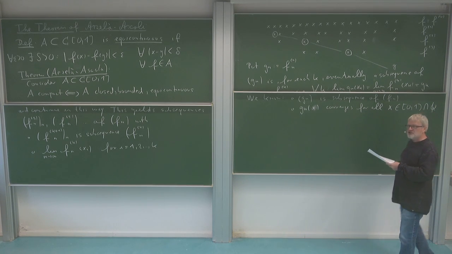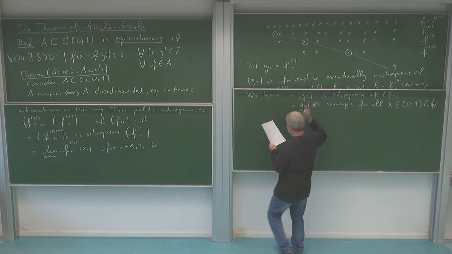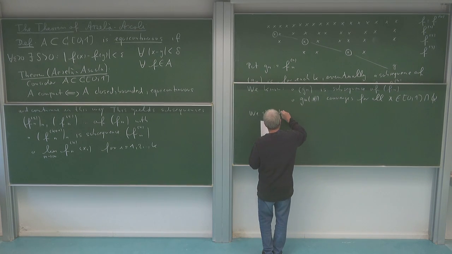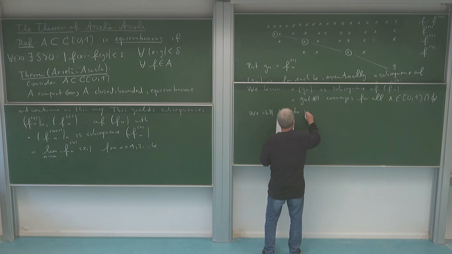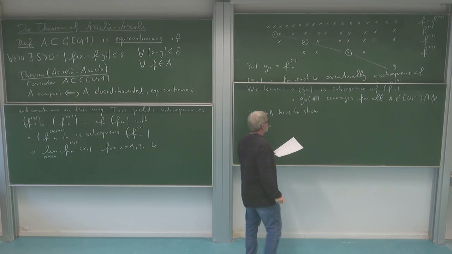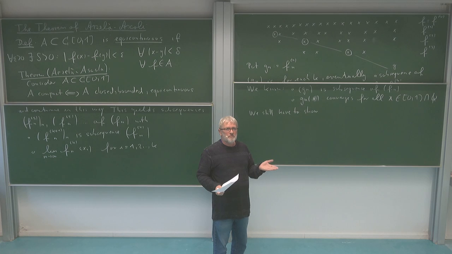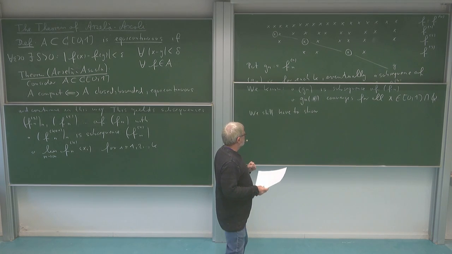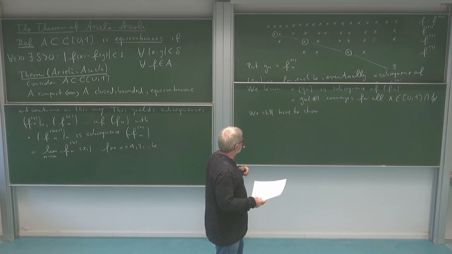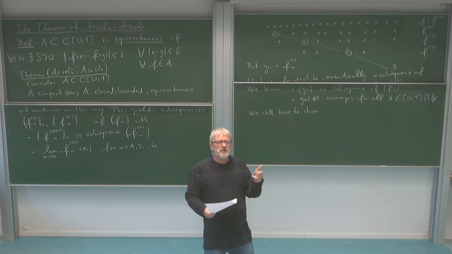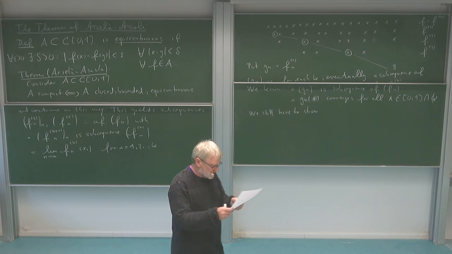Okay, and so we still have quite a bit to do. We still have to show that this Gn converges uniformly, so it's a uniformly convergent subsequence of our original sequence.